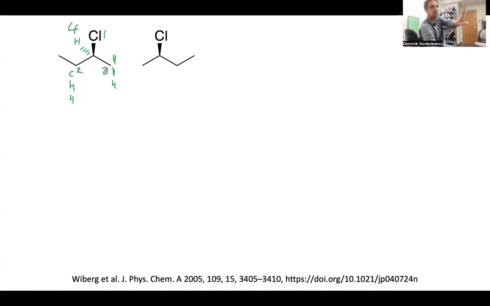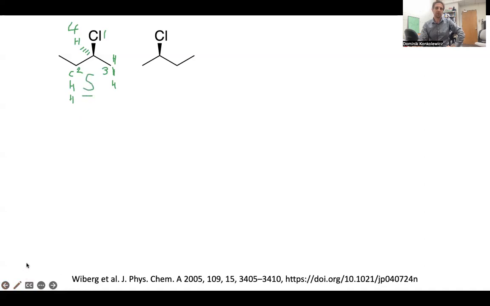And we can use the method where we line our finger up with priority 1, which is chlorine, close our hand to 2, and then finish off closing our hand to 3. So 1 to 2 to 3 with our low priority group going into the screen. That works with our left hand. That makes this one here the S enantiomer.